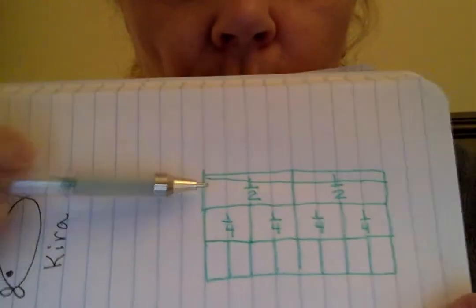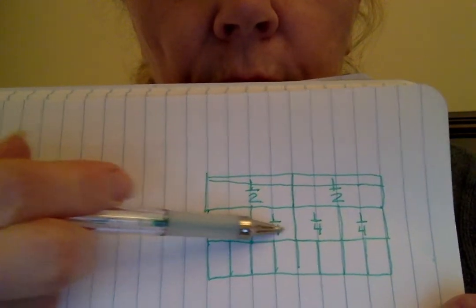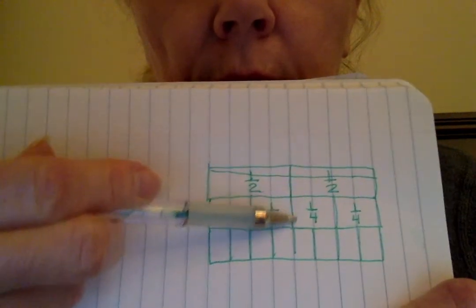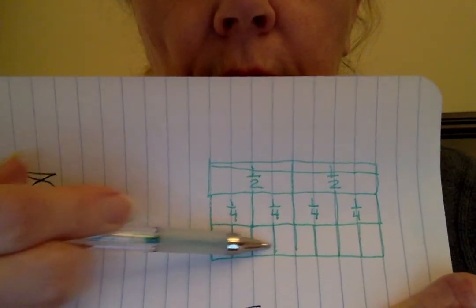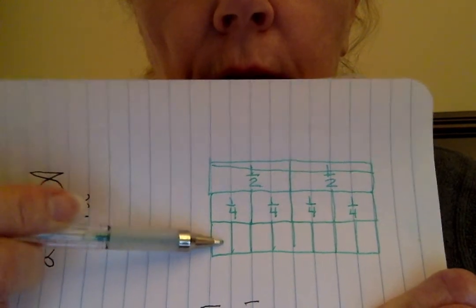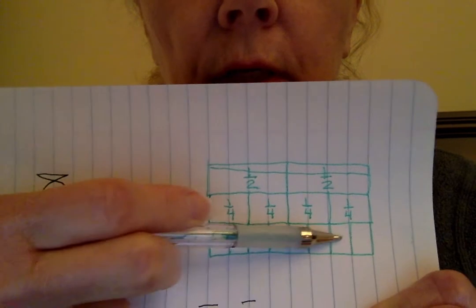I can see that 1/2 to here is equal to this, and it's also equal to this. And this is broken up into how many equal pieces?